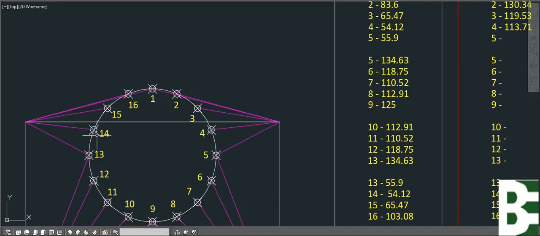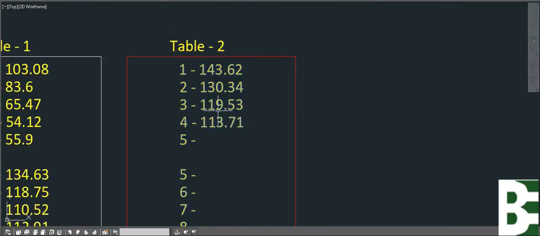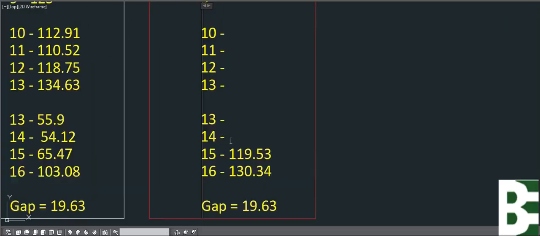This number 4 is also matching with number 14. Both are same dimension, both have same dimensions.